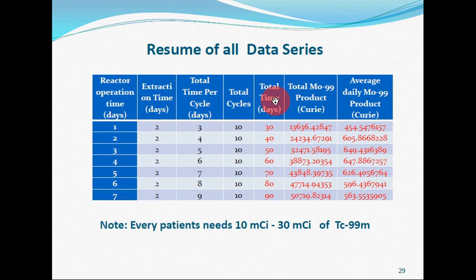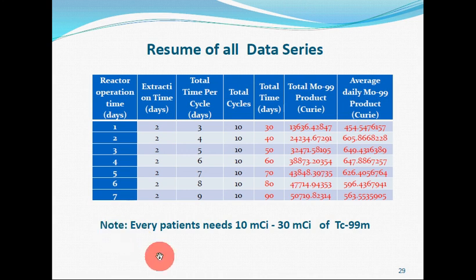We see the total time needed is 30 days for this type of operation until 90 days. The total molybdenum 99 product inquiry is in this row, this column, and if we divide this number by this number, we get the average daily molybdenum 99 product inquiry.